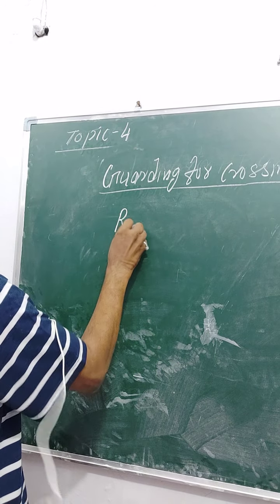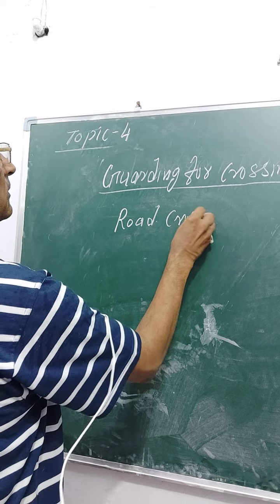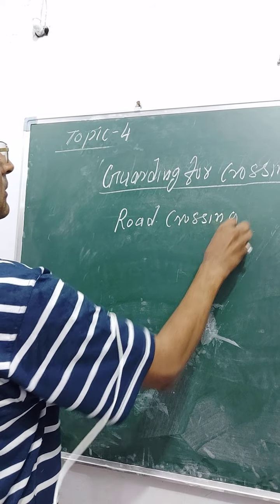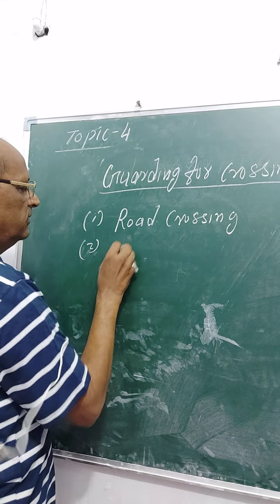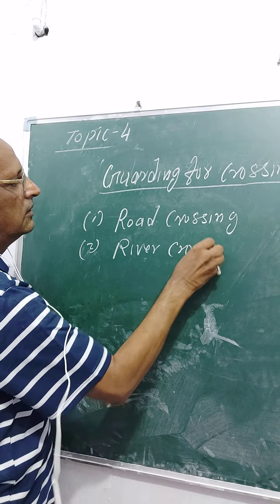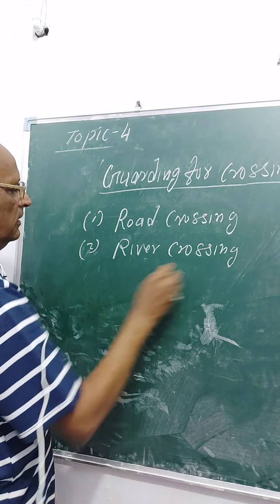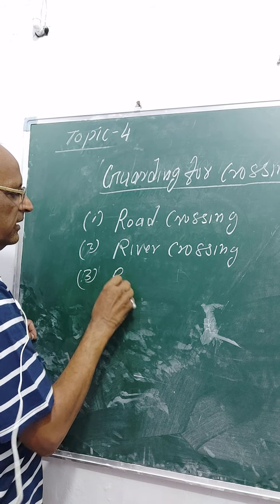So there is a road crossing, river crossing, and third is railway crossing.